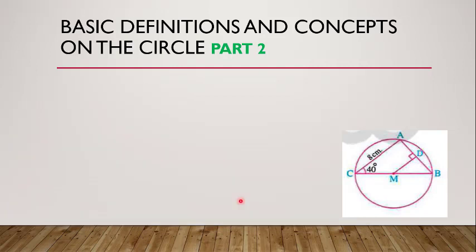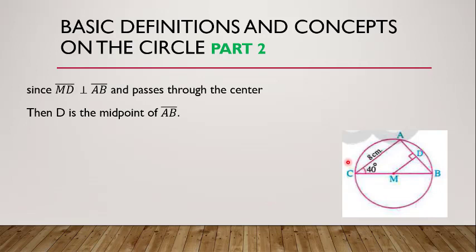Okay, here as you can see, MD is perpendicular to a chord, and as we said, if it's perpendicular to a chord, it means D is the midpoint. So this line segment bisects the chord AB. D is the midpoint of AB.